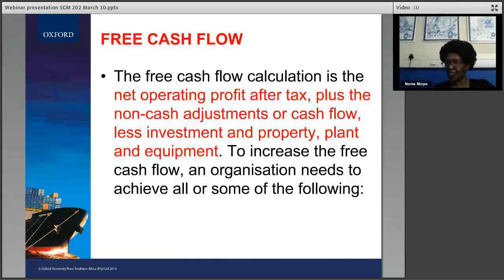Free cash flow. What is free cash flow? The free cash flow calculation is the net operating profit after tax plus non-cash adjustments. What are non-cash adjustments? Like depreciation. So free cash flow is the net operating profit after tax plus the non-cash adjustments of cash flow, less investments in property, plant and equipment.